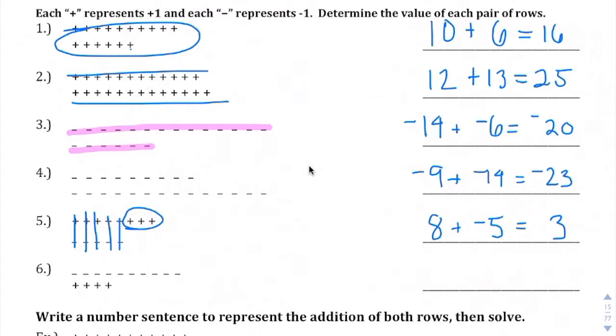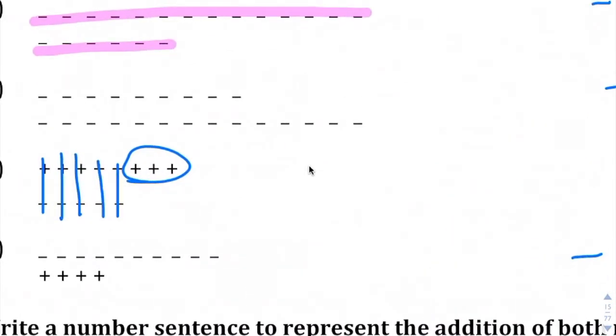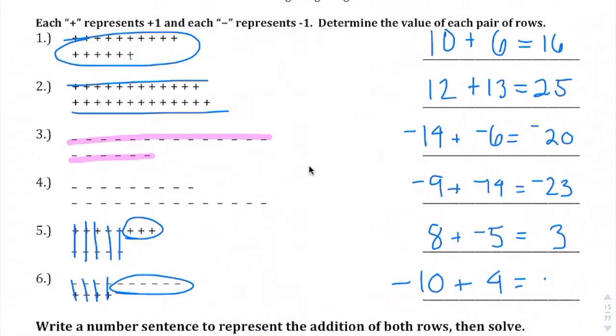All right, we have another example. Number 6, there are 10 negatives and there are 4 positives. So if we go through and cancel, we see that there are 6 negatives left over. So this is negative 6. You might notice that in number 5 there are more plus signs left over, and in number 6 there are more minus signs left over.